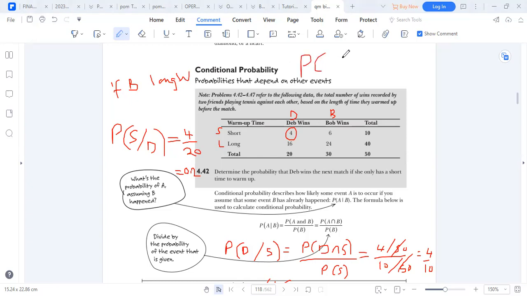Where do long and Bob meet? 24, correct.